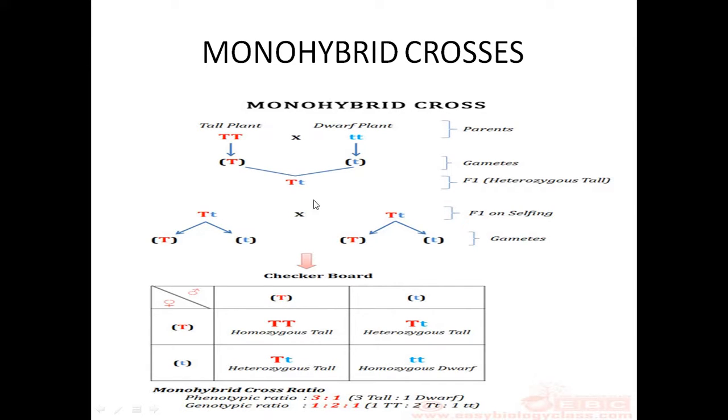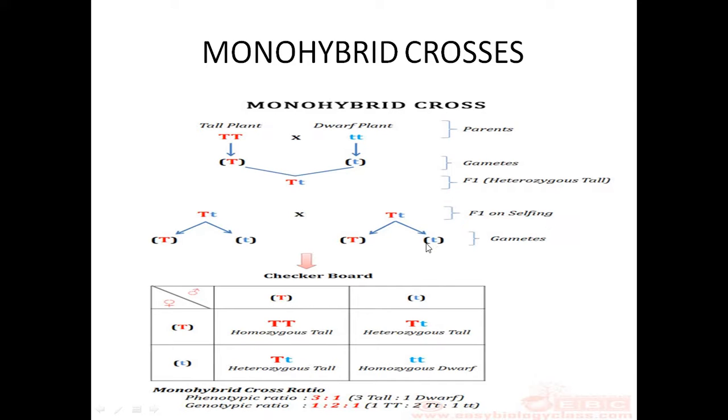The parental generation produces the new plants, the F1 generation, the first filial generation. Then again we make a self cross between the F1 plants.